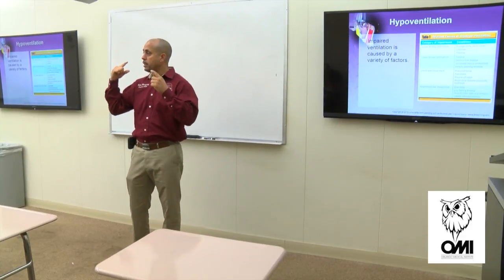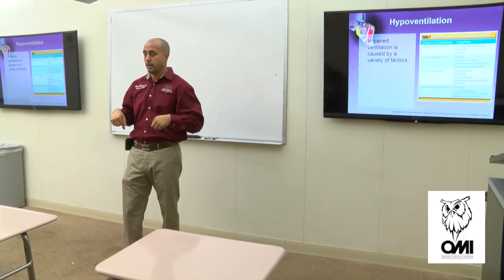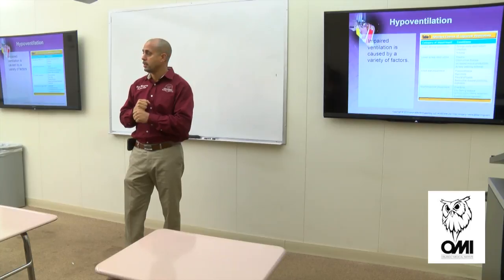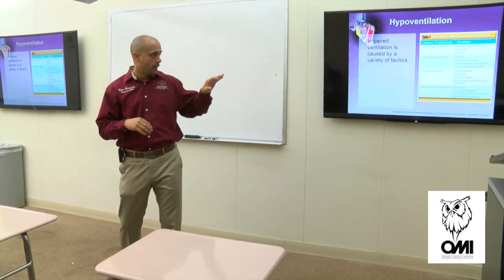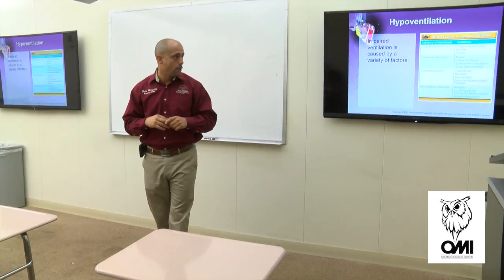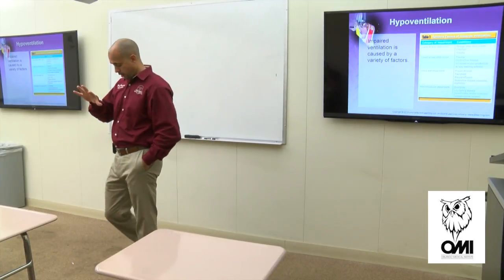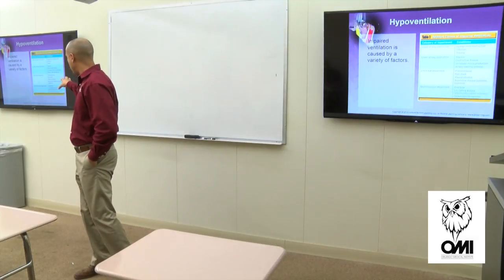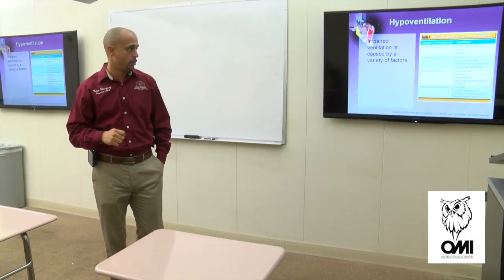It impairs the pathway from the brain to the muscle. And when we lose that communication, the diaphragm can't contract, and their breathing becomes inadequate. Like I said, we're going to talk a lot more about those when we get into neurology. But keep in mind that they can create neuromuscular issues.